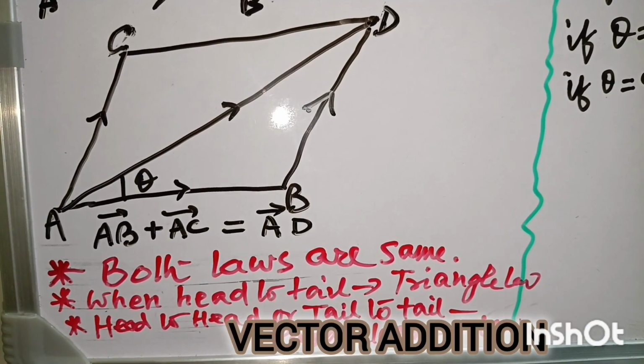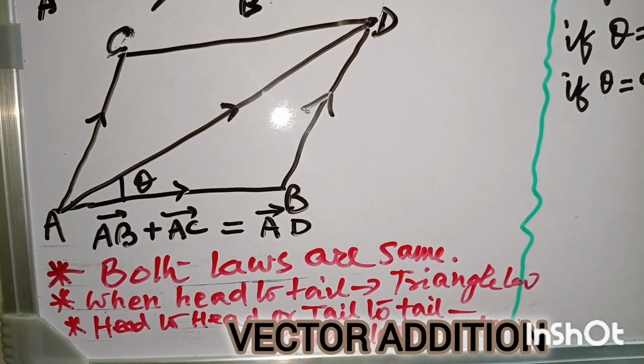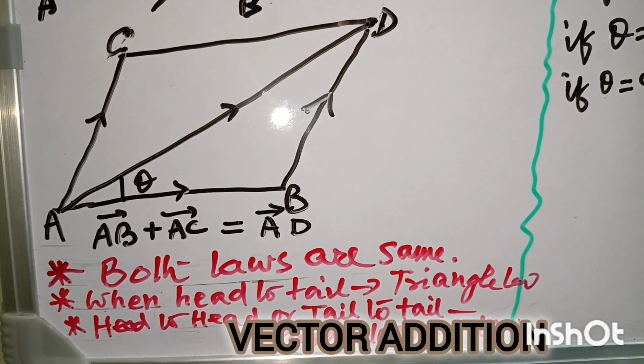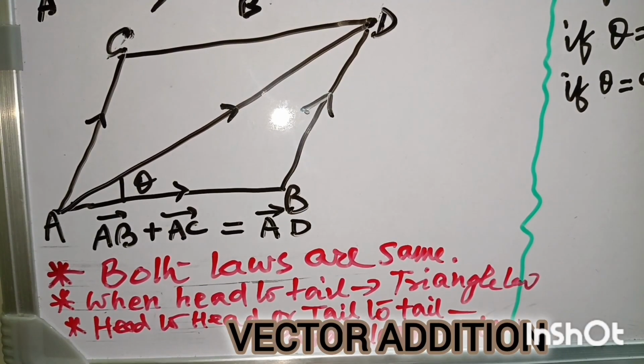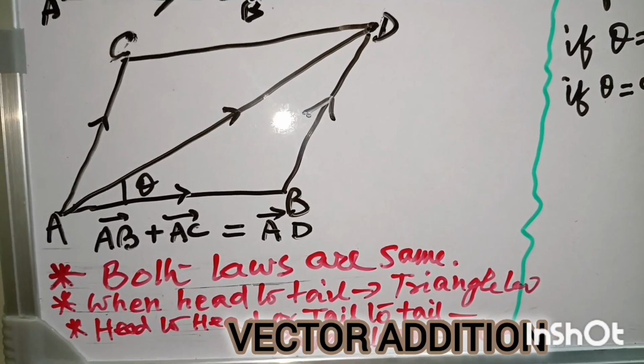That means both laws give the same result. Only when the vectors are connected head to tail, we apply triangle law. When they are connected head to head or tail to tail, we apply parallelogram law. These are the simple statements of the two laws, the most basic rule for vector addition.